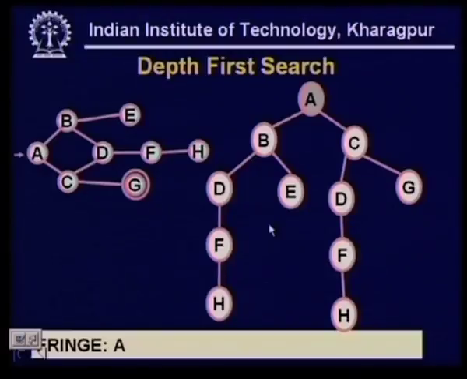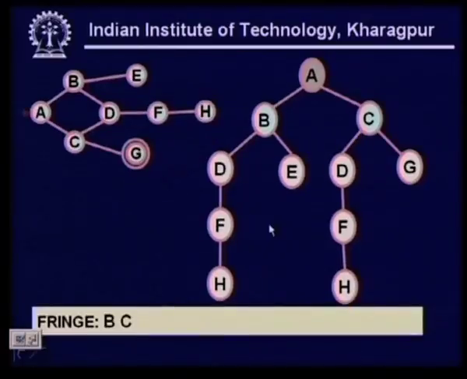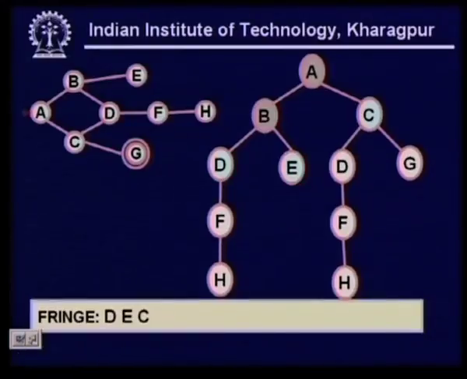So, if we do depth first search, initially our list open, that is fringe, contains the node A. Then A is removed from the fringe, B and C are expanded and put in open. Open is a stack when we do depth first search. Then B is removed from the front of the stack, and D and E are added to the front of fringe.